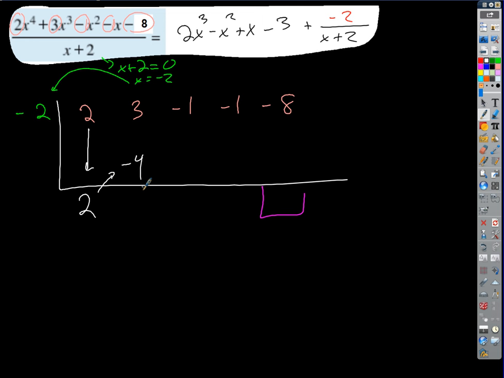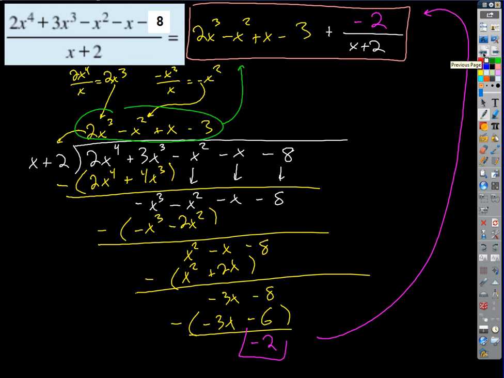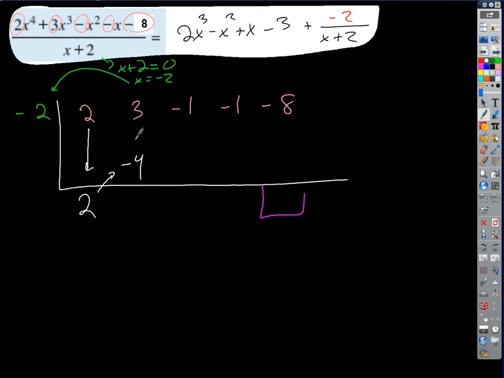Now, with synthetic division, we do the opposite of what we do with regular long division. With long division, whenever we multiplied and got a number underneath, we subtracted. So in synthetic division, we add; we don't subtract, we do the opposite. So 3 plus -4 is -1. A number appeared at the bottom, so what do we do?